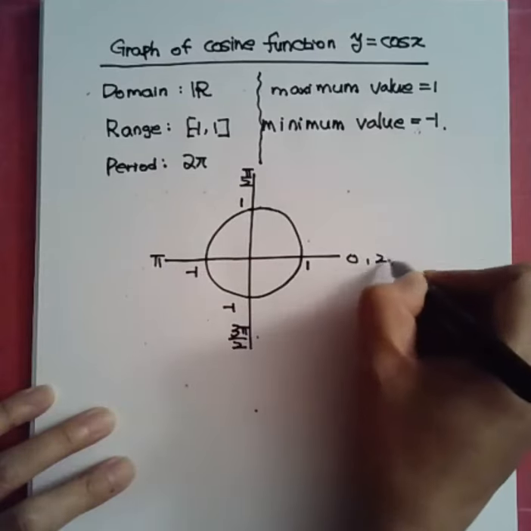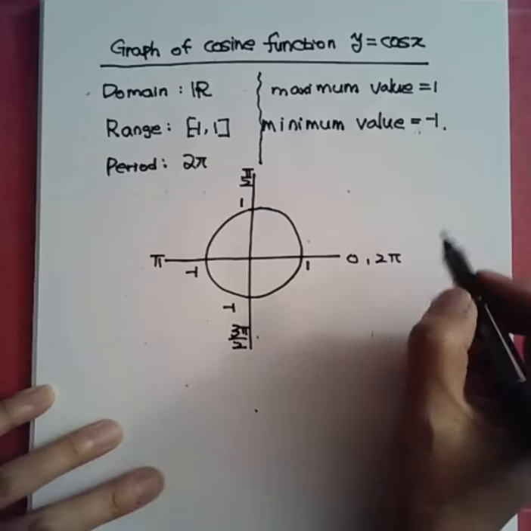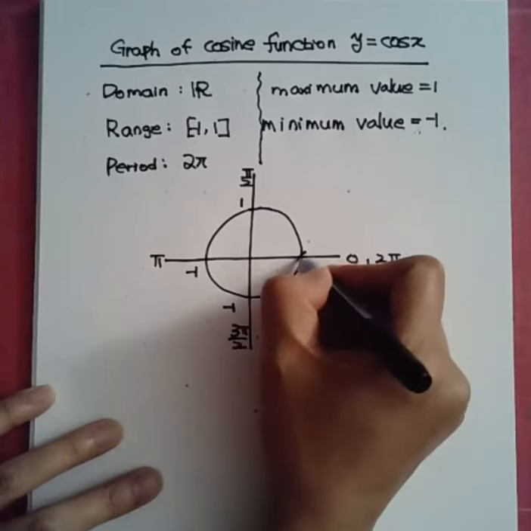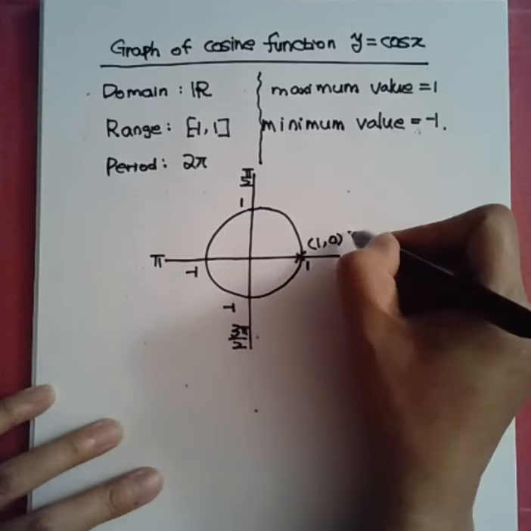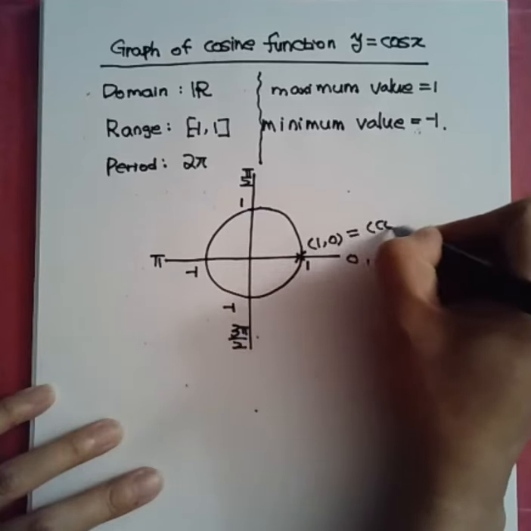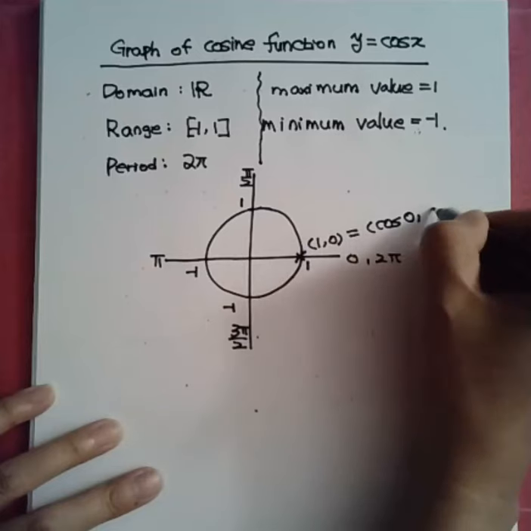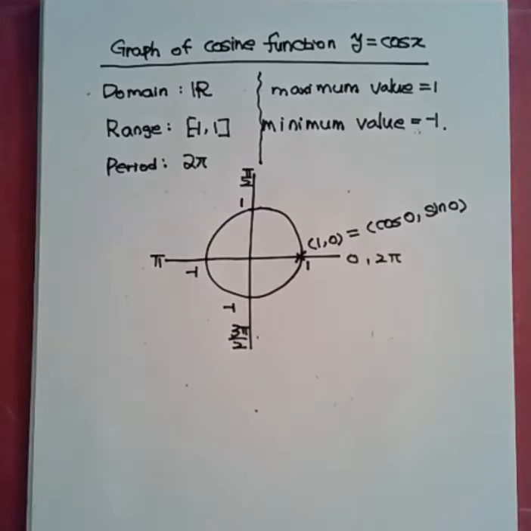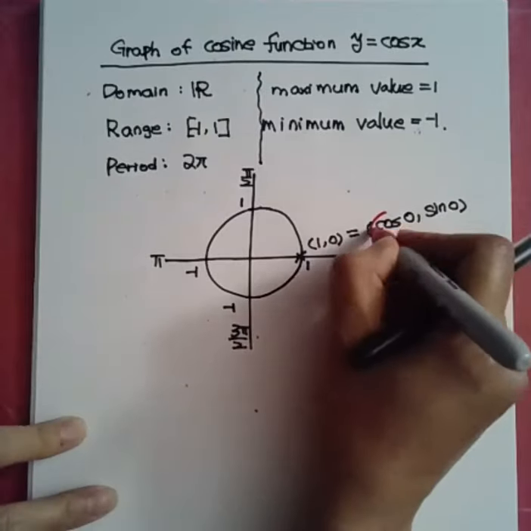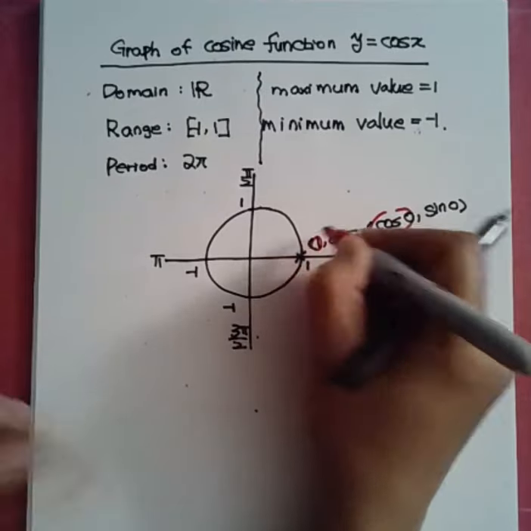This is also 2 pi. The coordinate of this point is 1, 0. We can write it down as cosine of 0 and sine of 0. That implies that the cosine of 0 is 1.